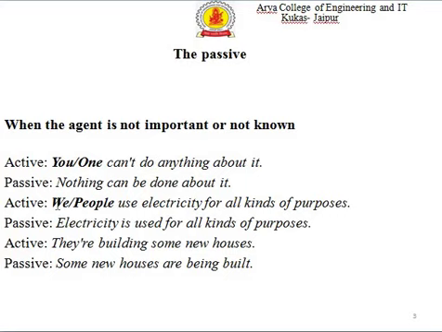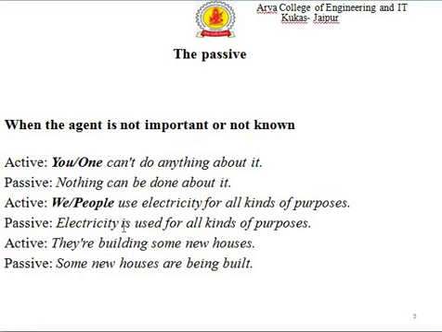The next example we have is we or people. It's a general noun. We use electricity for all kinds of purposes. So during passivization, we or people is a general noun and it is not required. So we simply begin with: electricity is used for all kinds of purposes.